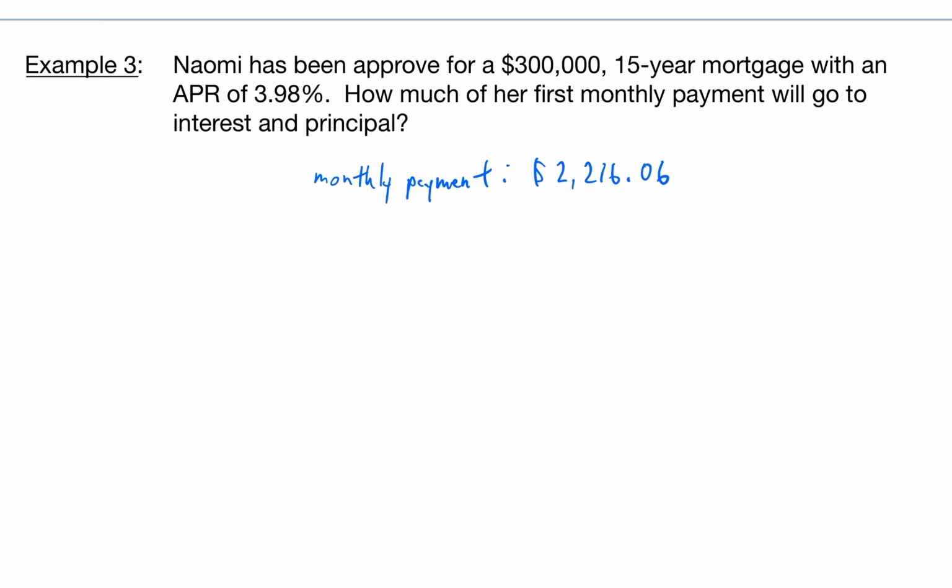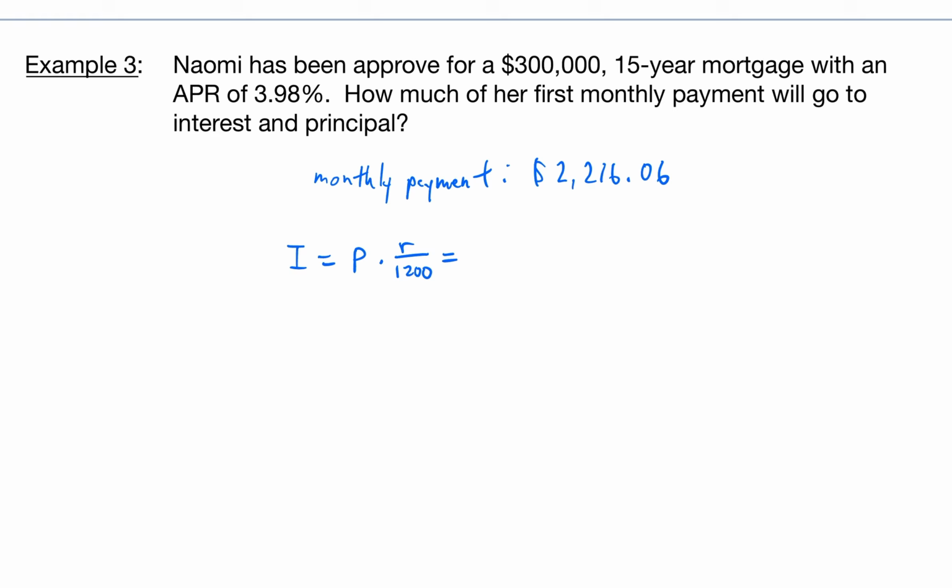Okay, now we need to separate this out. Obviously, this monthly payment consists of interest and principal. So to find the interest payment, we're going to take the following equation. Interest is equal to the principal amount times the rate divided by 1,200. Okay, now why 1,200? We have to take the rate and divide it by 12 months, but because the rate is in percentage, we have to divide this by 100, hence 1,200.